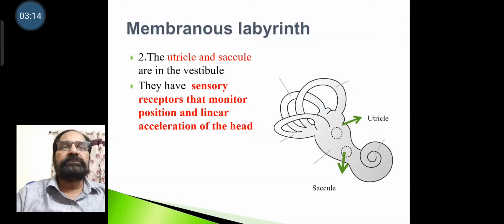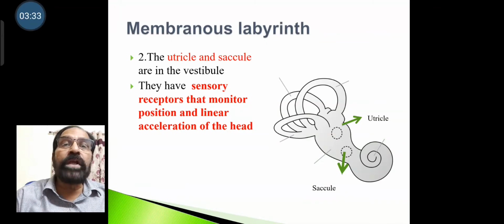Then second, in the vestibule we have utricle and saccule, that you can see in the picture. The upper part is utricle, the lower part is saccule. These contain sensory receptors that monitor position and linear acceleration of the head.